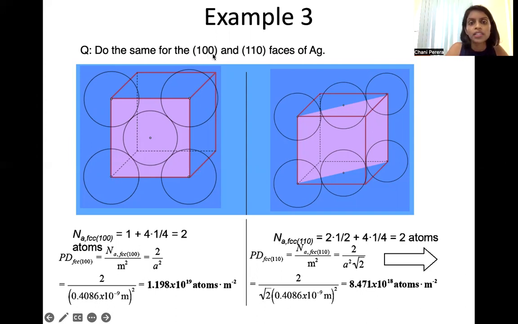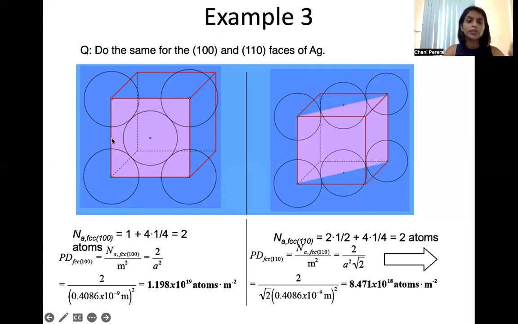That's why we have 100. Here 110 means it is intersecting 1 at x, intersecting 1 at y, but it is parallel to the z-axis. So that's the plane 110. So you have to do the same for these two planes.